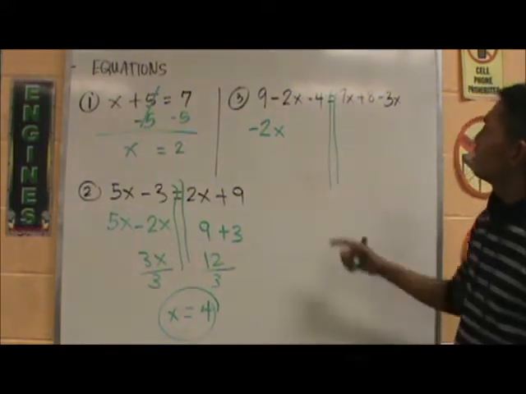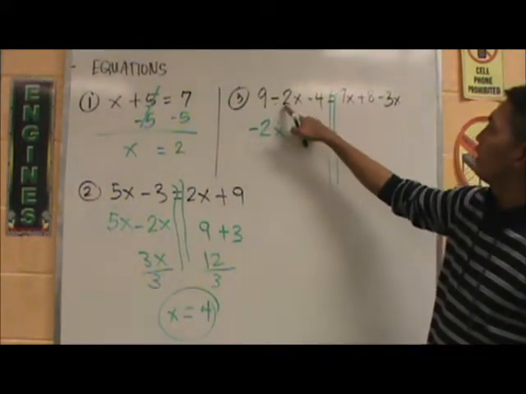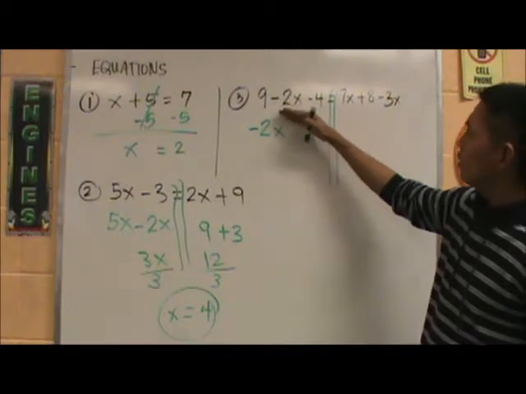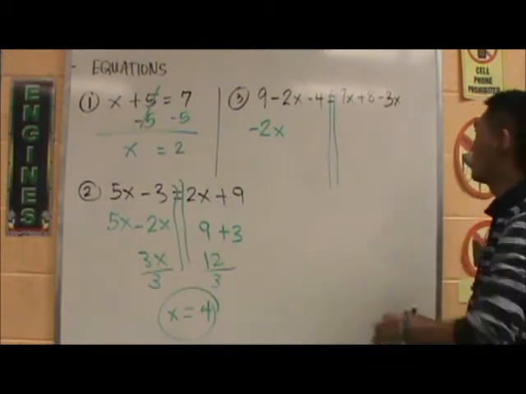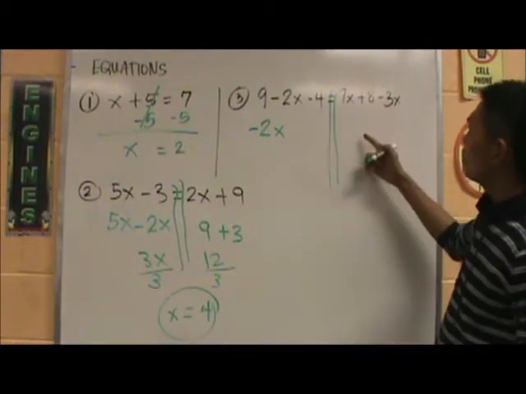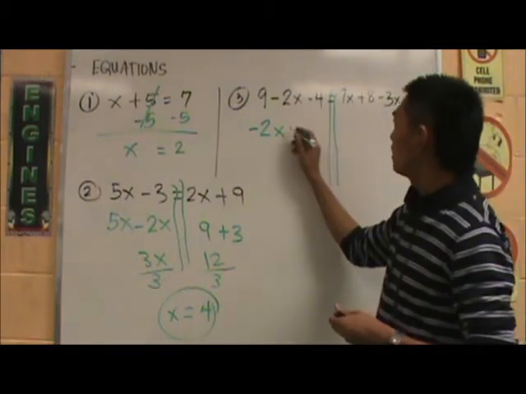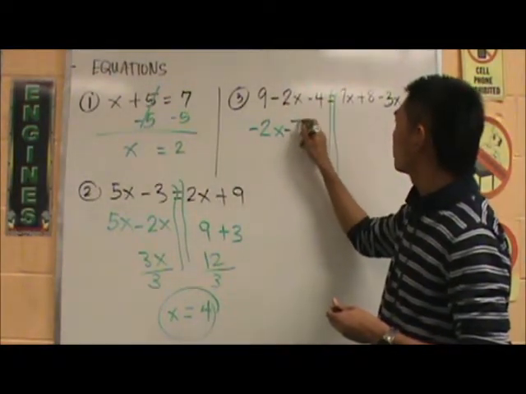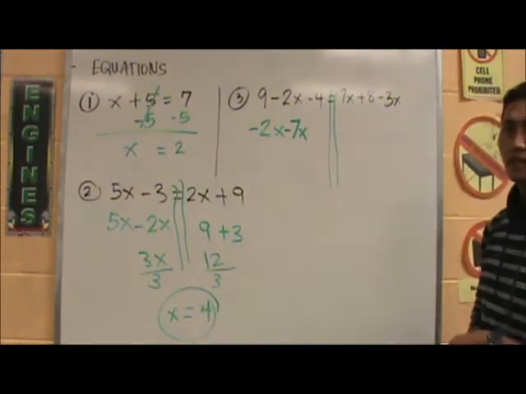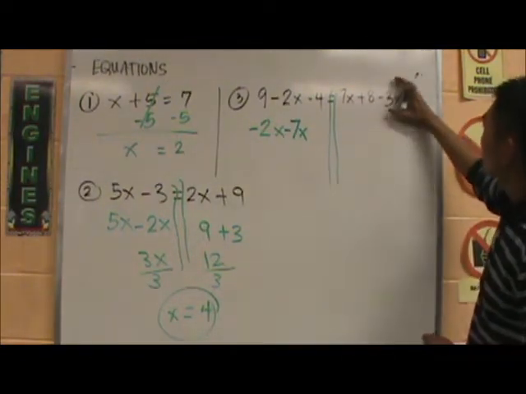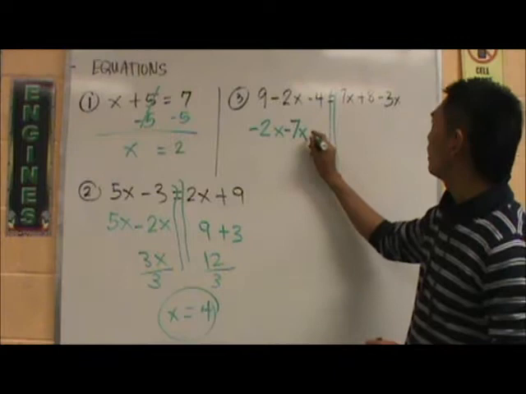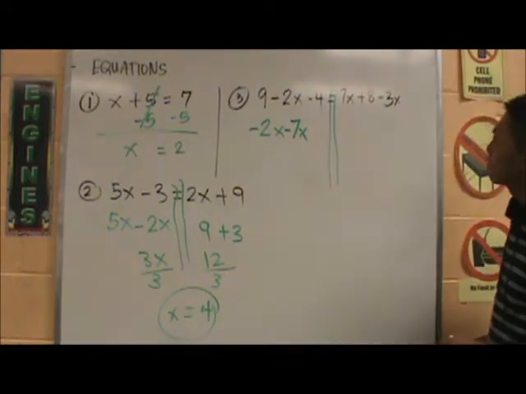So again, here we already have negative 2x. We're keeping it negative because it's already on the left side. And that 7x, when you move it over, it becomes negative 7x. And that minus 3x, I have to move it over again. Now, wait.